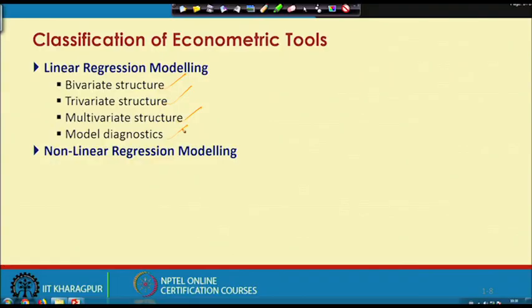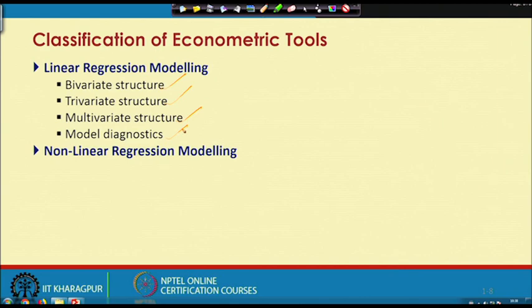In fact, this subject, engineering econometrics, makes extensive use of regression modeling. Of course, we have different structures and can change the dimensions as per the requirement, but ultimately the entire technical structure is on the basis of regression modeling.